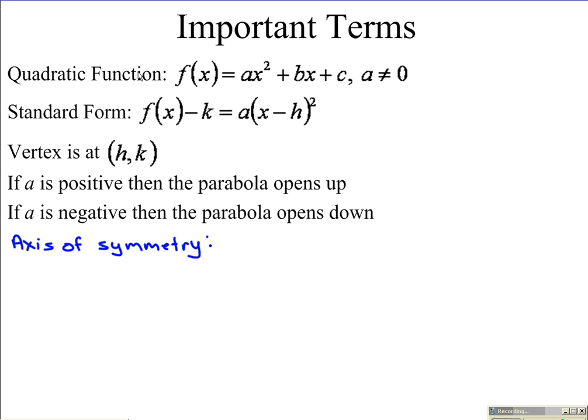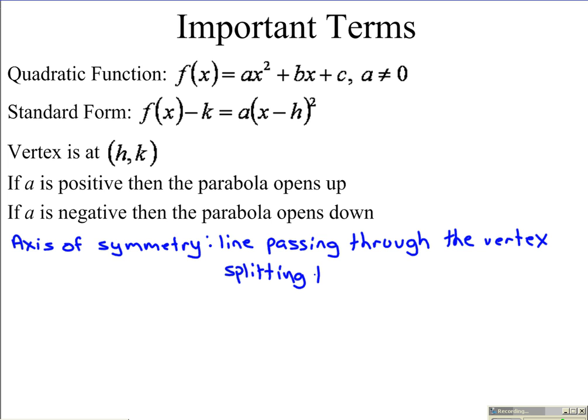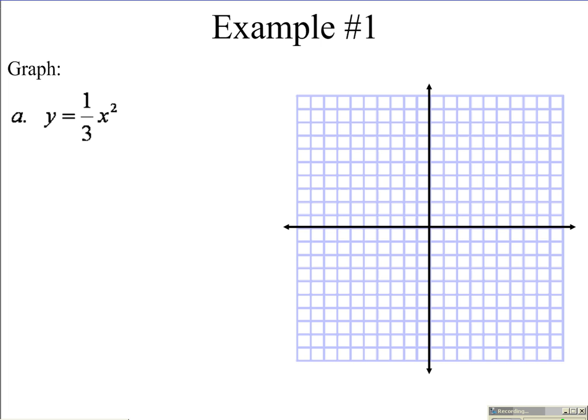Axis of symmetry is the line passing through the vertex, splitting the parabola in half. So we're just going to go through a few graphs here today, list some things, and then that'll be it for the first half of 2.1.